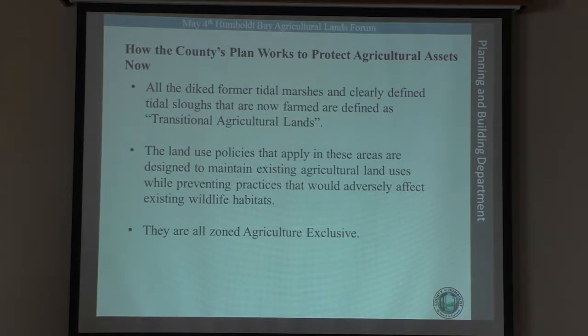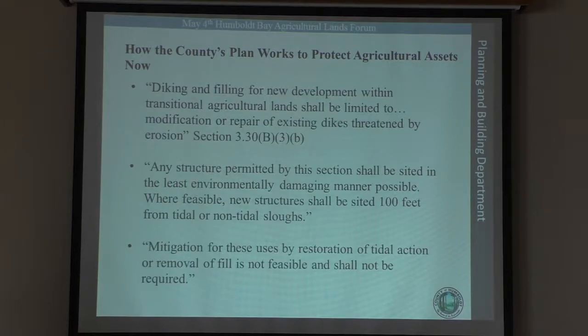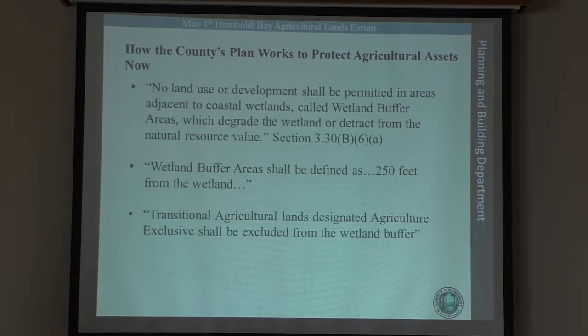But the thing that starts to happen is you look at other policies, and there are areas within the policy that talk about wetland buffer areas. One of the things that starts to happen is that development, modifying structures, modifying dikes and things within wetland buffer areas are much more highly regulated.